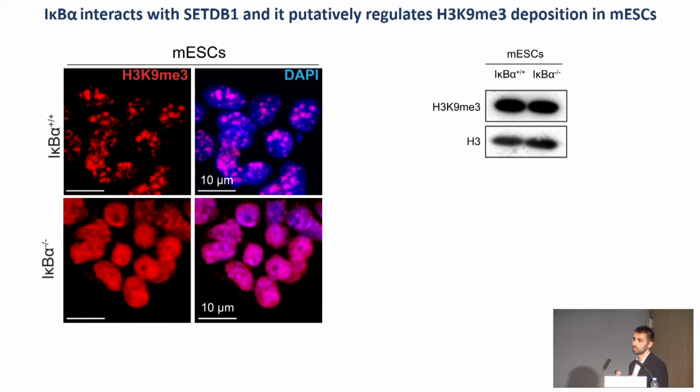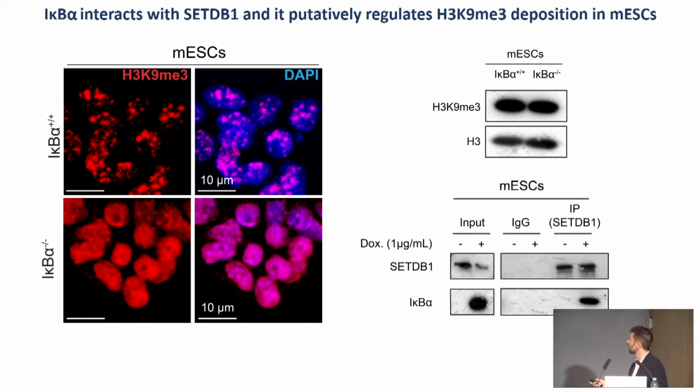But also I was curious to know whether this effect over the lysine 9 methylation could be because of a direct effect of IKBKB alpha. So I was wondering whether IKBKB alpha could be interacting directly with the main lysine 9 methyltransferase, which is ZDB1. So we did IPs of ZDB1 to address whether it could be interacting with IKBKB alpha.